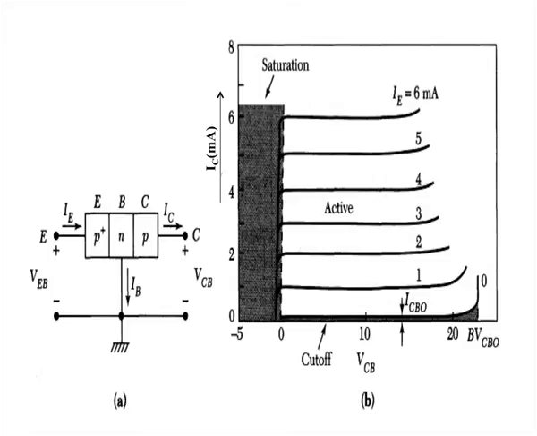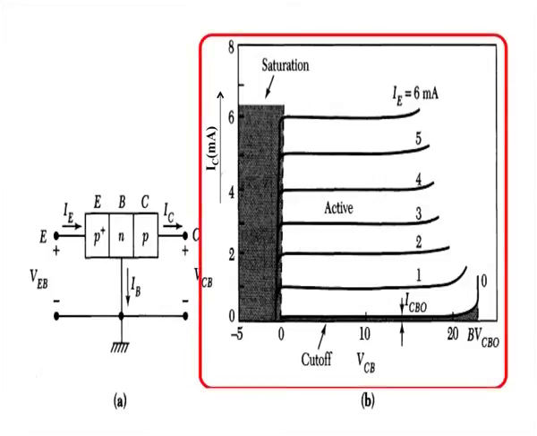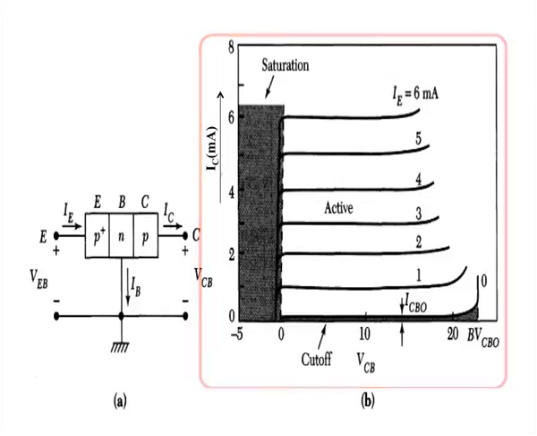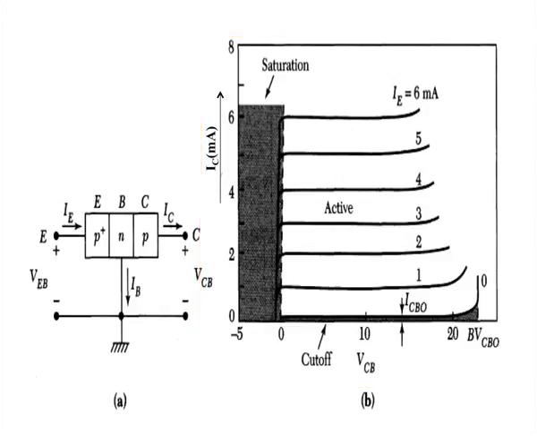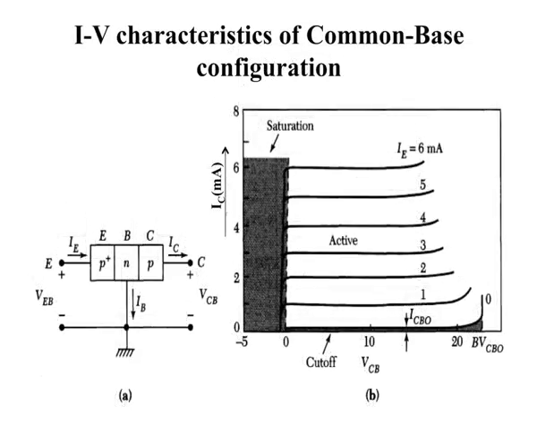Initially, if you take IE as 0, open circuit, in that case we will get a very small current. Now, if we increase IE, with increasing IE our IC current also will change. Output current we can control by using the input current here, and now we will derive the relationship between output current and input current. So, here we define common base current gain.